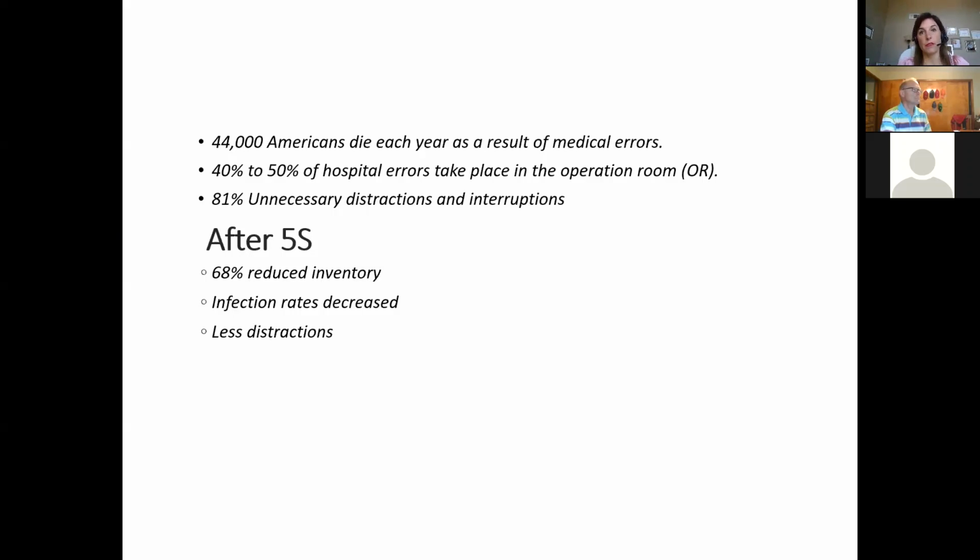They had distractions before, which were generating errors. On top of that, they were also increasing the infection rates because more people were going in and out looking for tools. Whenever you have all the tools in the right place, you are faster, you organize your tools much better, you eliminate distractions, and of course, you reduce the infection rates.